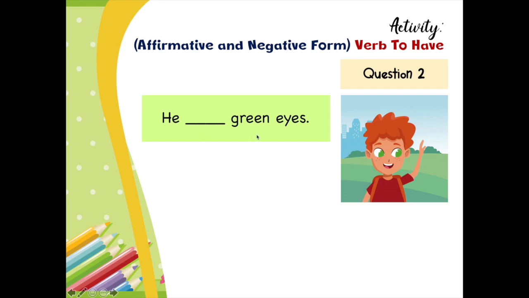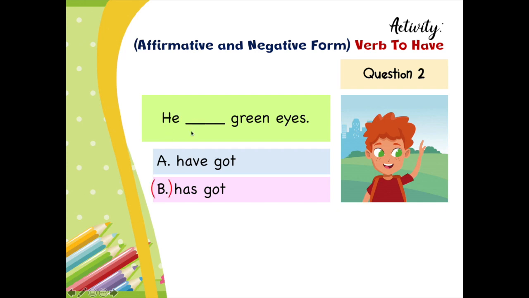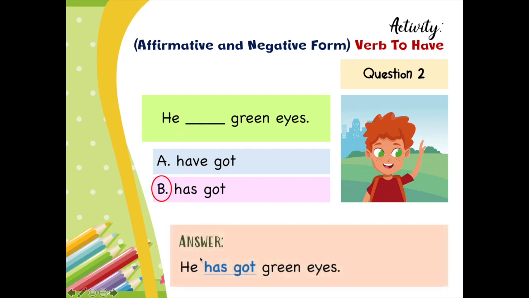He blank green eyes. So which one is the answer? Look at the subject pronoun, it is he. So when he, you have to use, very good, he has got green eyes. Has must go with he. So the answer is he has got green eyes.